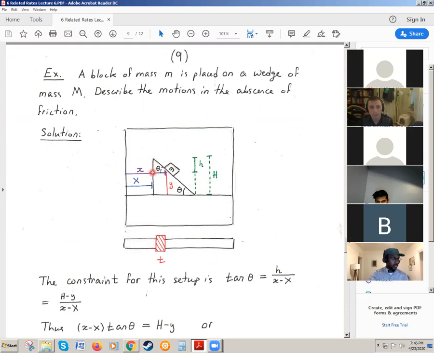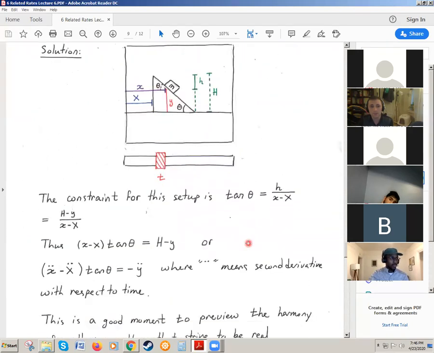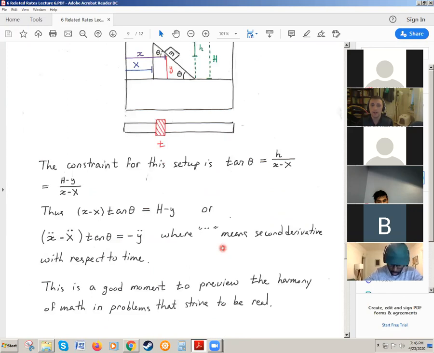The little h divided by this distance will equal tangent of theta. So I have that capital H minus y over x minus capital X equals tangent theta, which afterwards you simply differentiate with respect to time. Two dots means the second derivative with respect to time. Well, for the acceleration, you need to take two derivatives with respect to time. So this is just typically what happens.